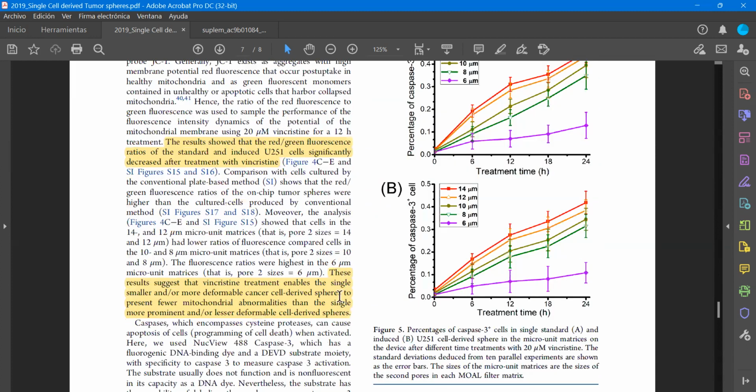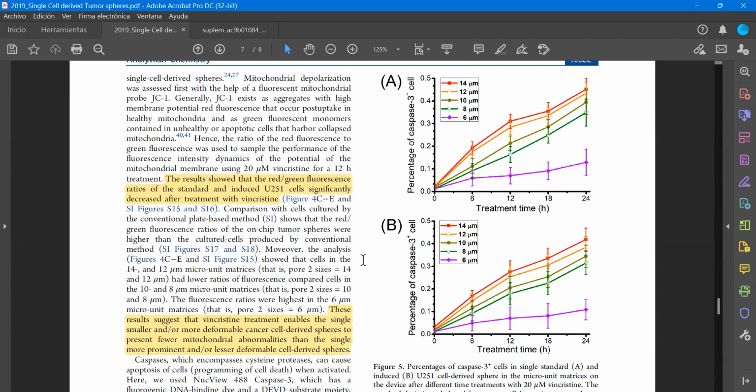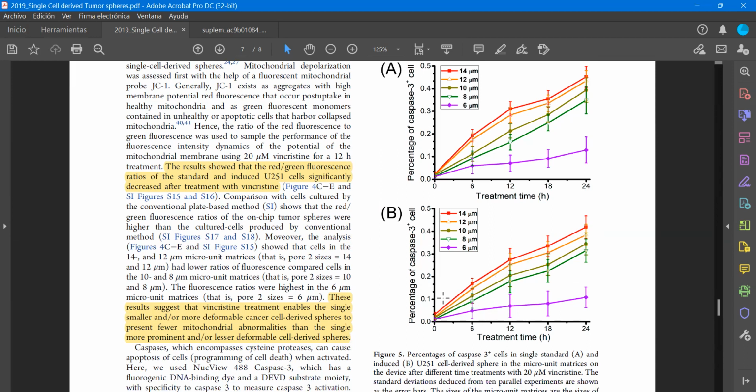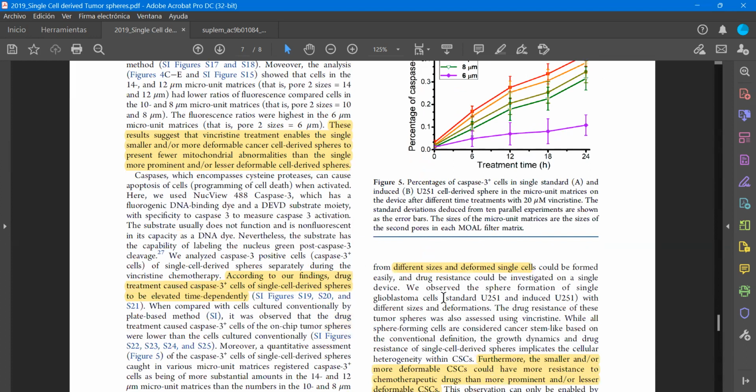So they also measured the caspase. Here you see, they compare the standard cell line and the induced one, and the induced one has less damage. The percentage of caspase 3 is lower, and also the mitochondria has less damage.